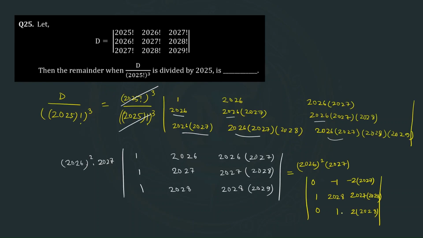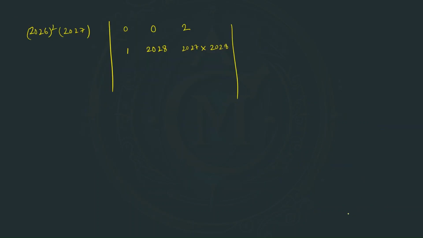And this third row will become 0, 1, then 2 times 2028. Now we can simply open up this determinant because here it is simplified. So this will be 2 times 1 times this. So the value of D by (2025 factorial) whole cube comes out to be this.